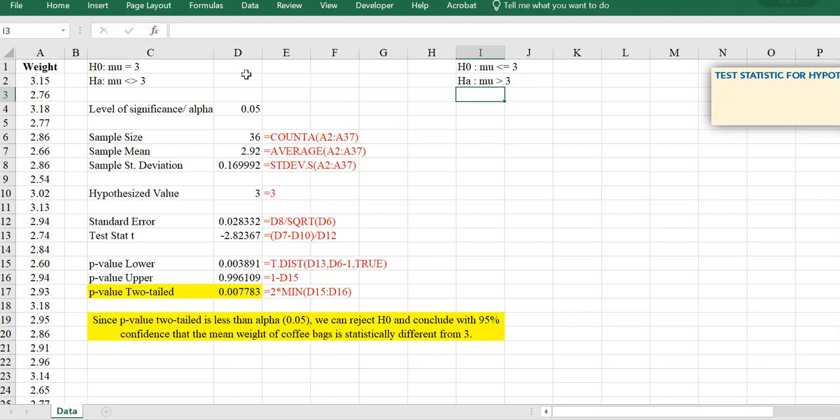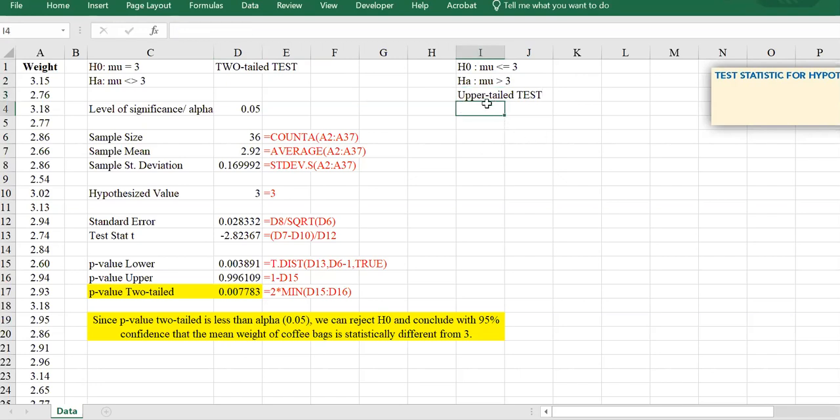Here we had a two-tailed test, and this is a one-tailed test, an upper-tailed test.